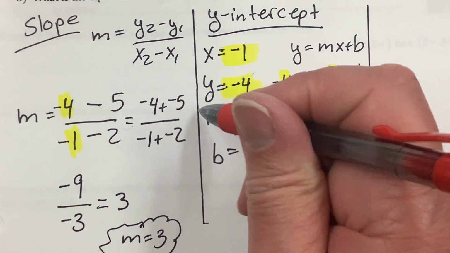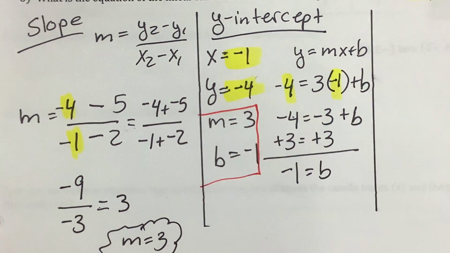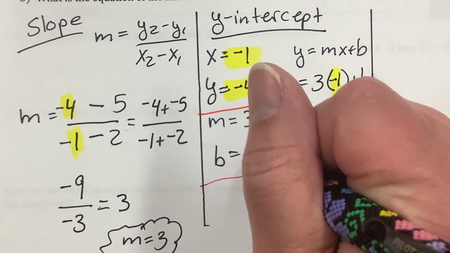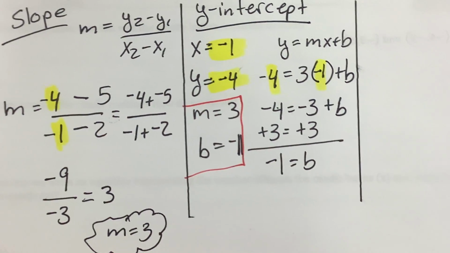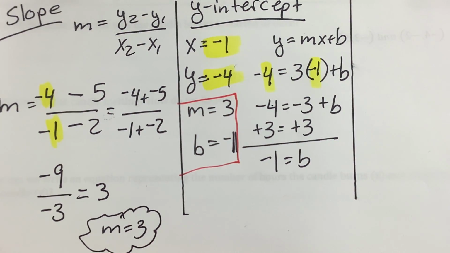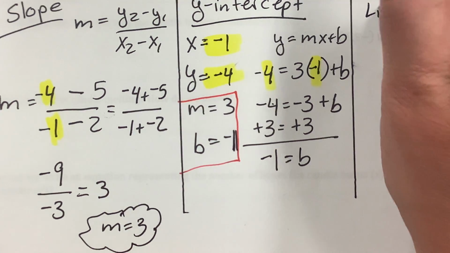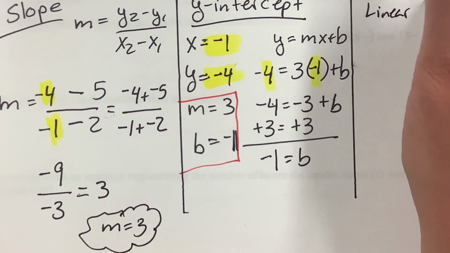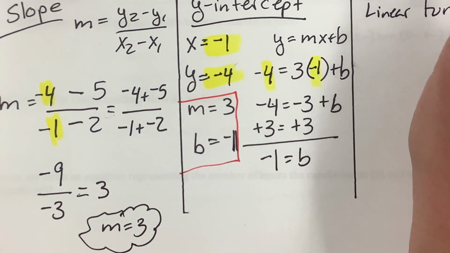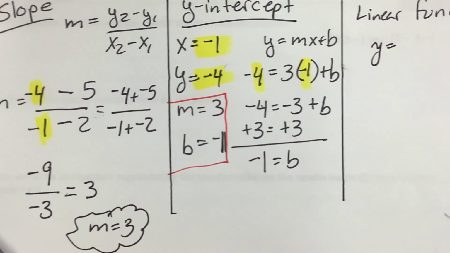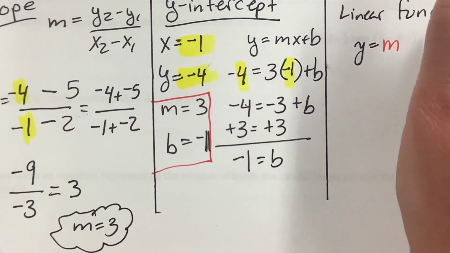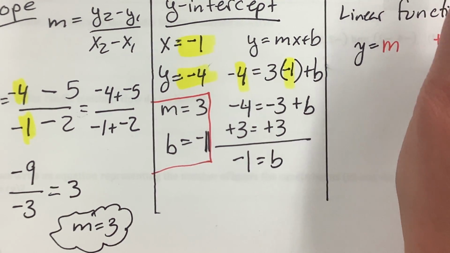And this is the information, if I didn't write right on top of it like that, that's going to go into y equals mx plus b. So here's my linear function. And I'm using the equation y equals mx plus b.